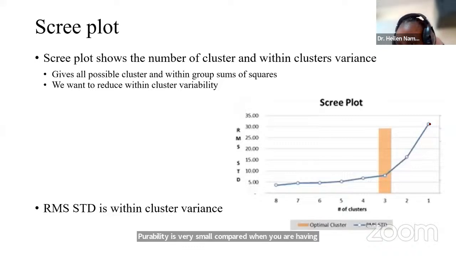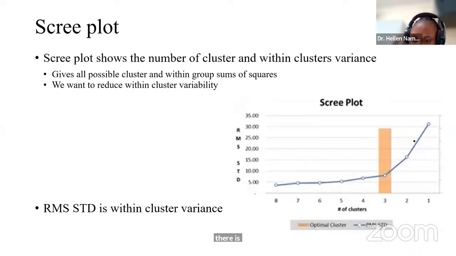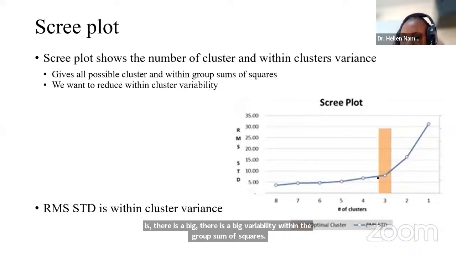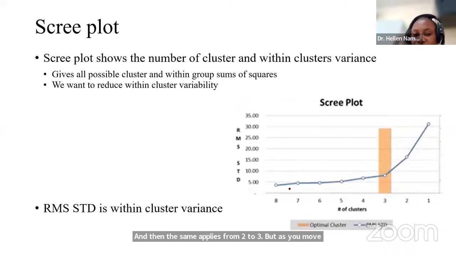When you're sloping down, there is a big variability within the group sum of squares, and the same applies from 2 to 3. But as you move from 3 to 8, you find that the variability keeps on reducing.